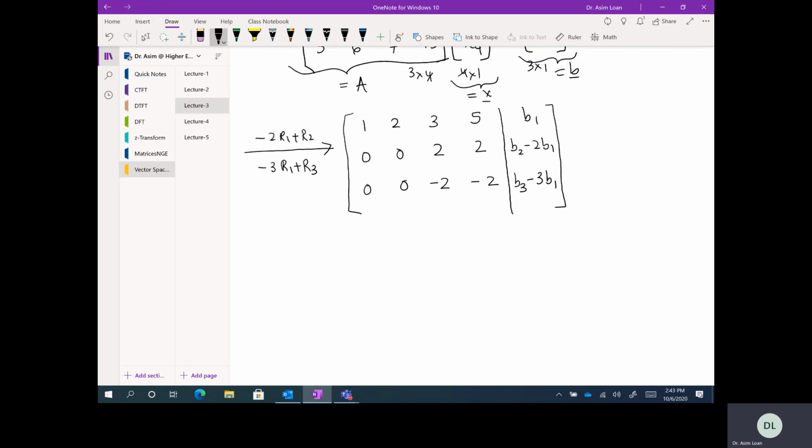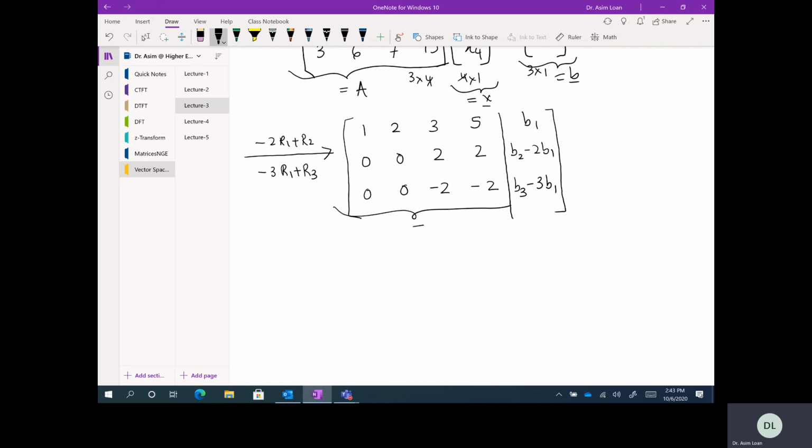Okay, so this is U, and this is, no, this is not U yet. Wait, I'm sorry. This is not U. We want to get rid of this one. So another step, do row 2 plus row 3.